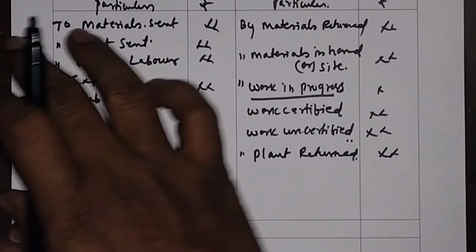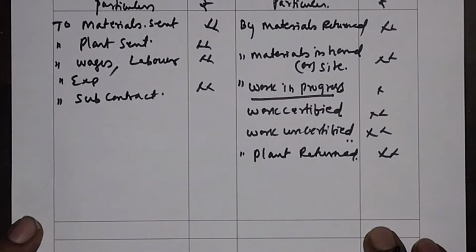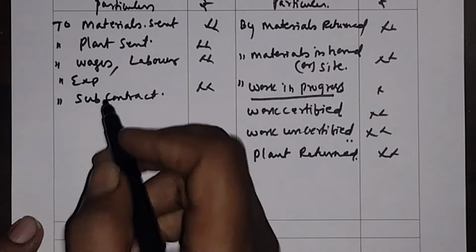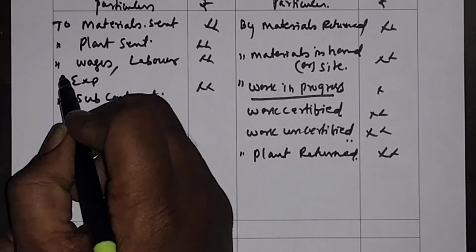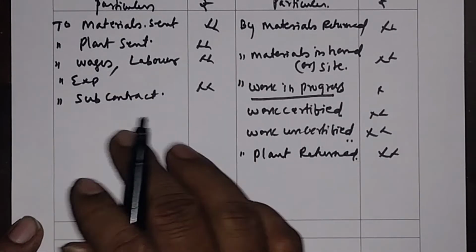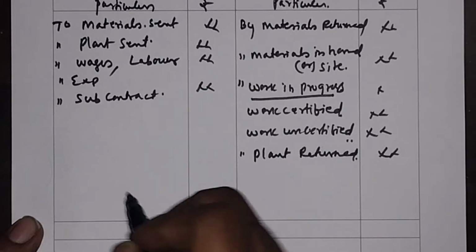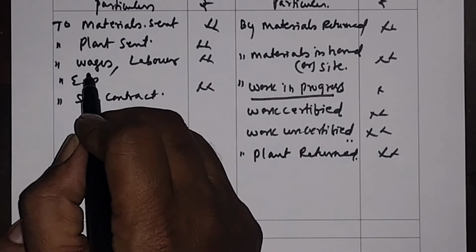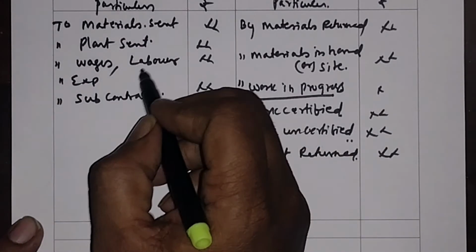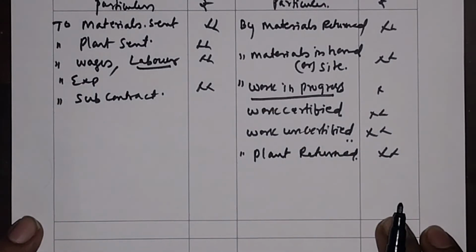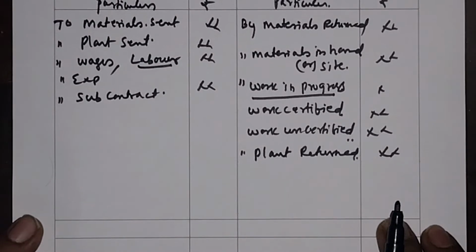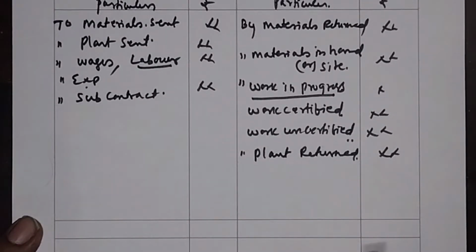Now the entries of the contract account are over. I made it very simple: all expenses relating to the contract go to the debit. Sometimes outstanding expenses will be given. These outstanding expenses you should add with the concerned expenses. For example, if outstanding wages are given, add them with wages. Outstanding labor, add with labor. Outstanding general expenses, add with the expenses.